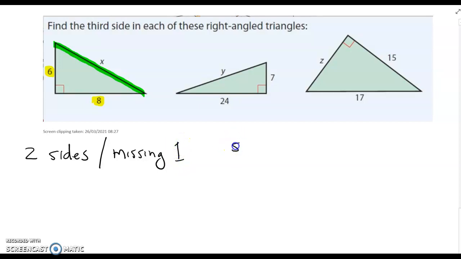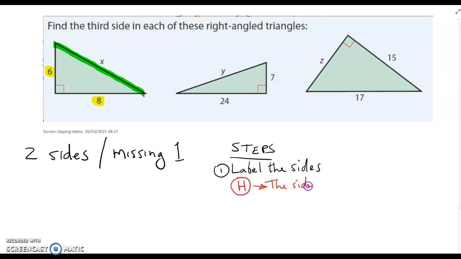So the first thing you do, here are the steps, is you label the sides. You label the sides with 3 letters. The first letter you label is the hypotenuse, H. This is the side across from the right angle.